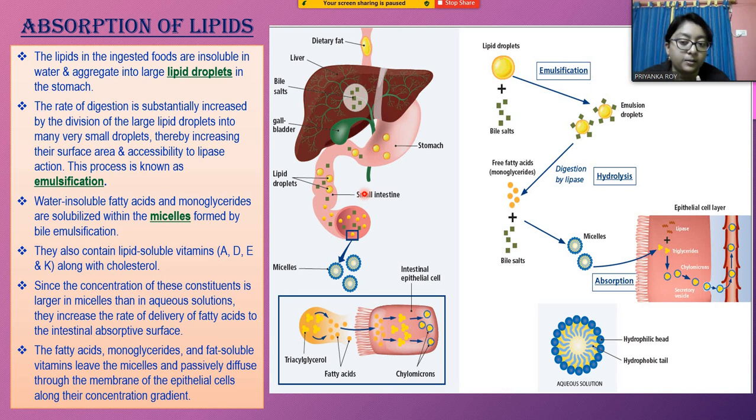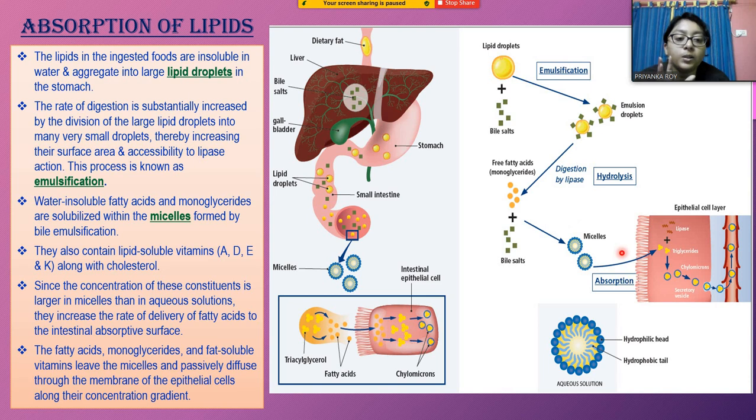They also contain lipid soluble vitamins, and the concentration of these constituents is larger in micelles than in aqueous solution, because in a micelle it is very concentrated in a very small area. Therefore, the rate of delivery of fatty acids to the intestinal absorptive surface is much higher. So, with the help of micelles, more and more fatty acids and glycerols are transported inside the intestine.